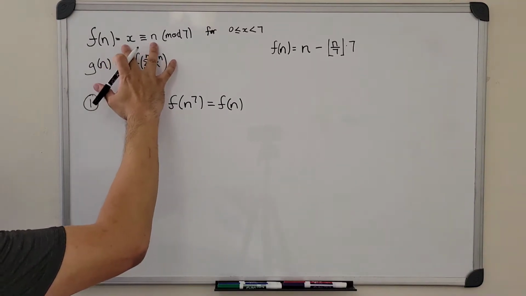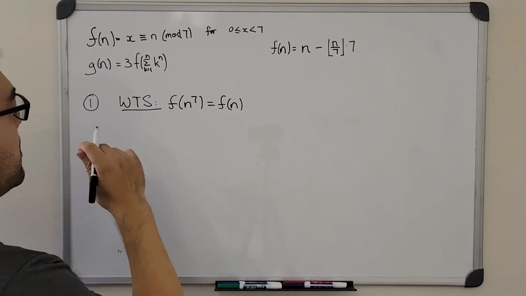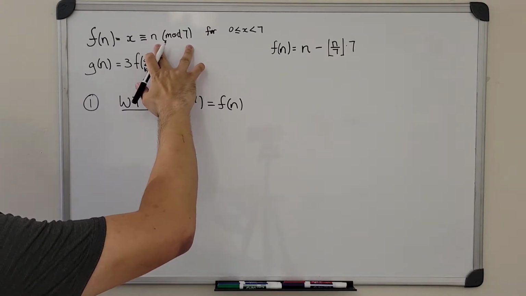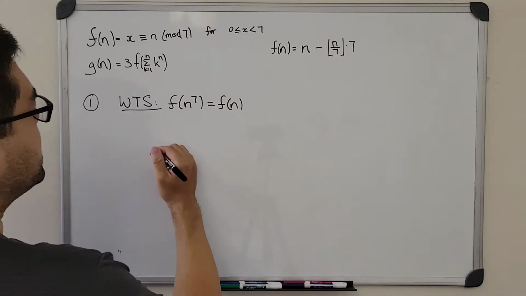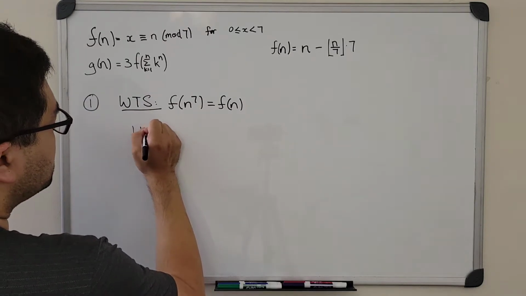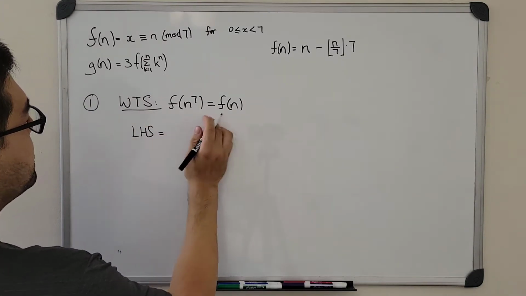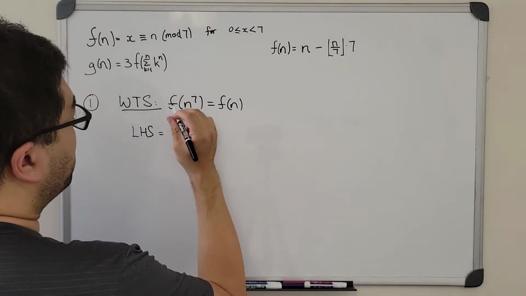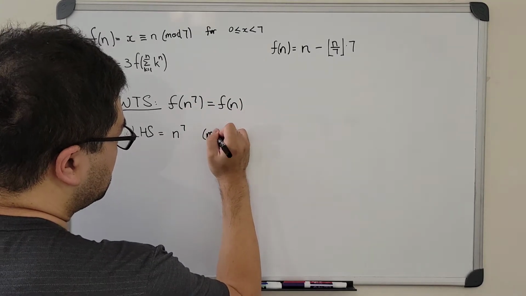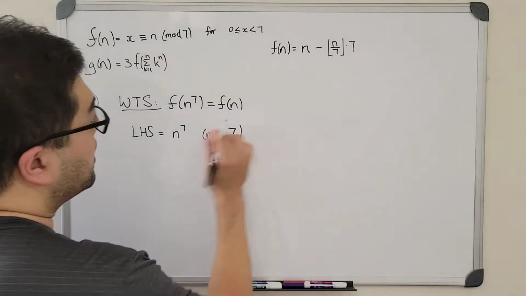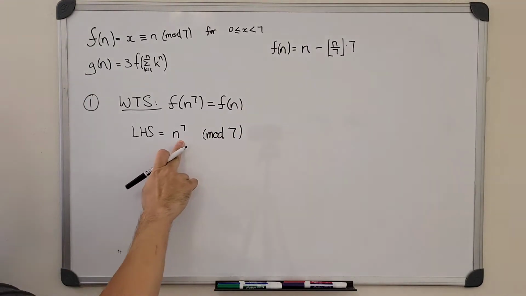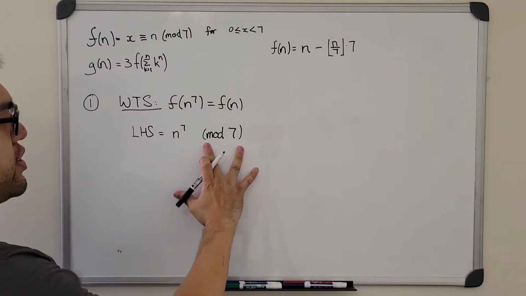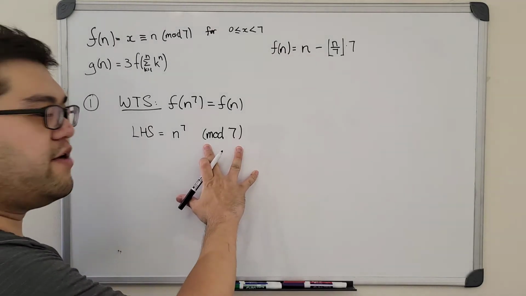If we consider this part here and use the modular arithmetic definition, the left-hand side is equal to n to the 7th power in mod 7, of course. We would need to reduce n to the 7th, but at this moment it doesn't matter because we're taking the modulus 7.